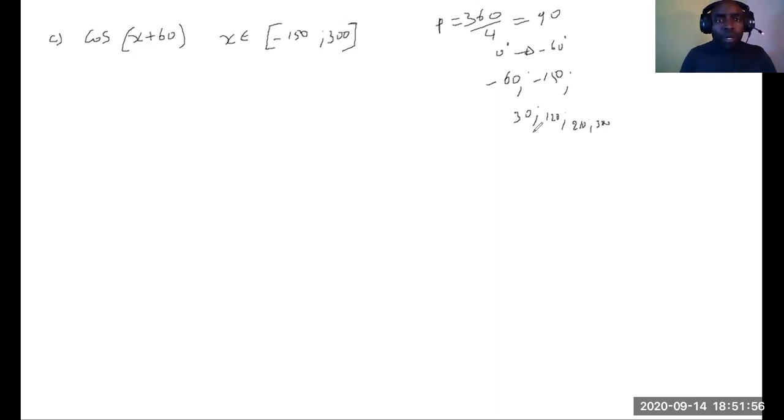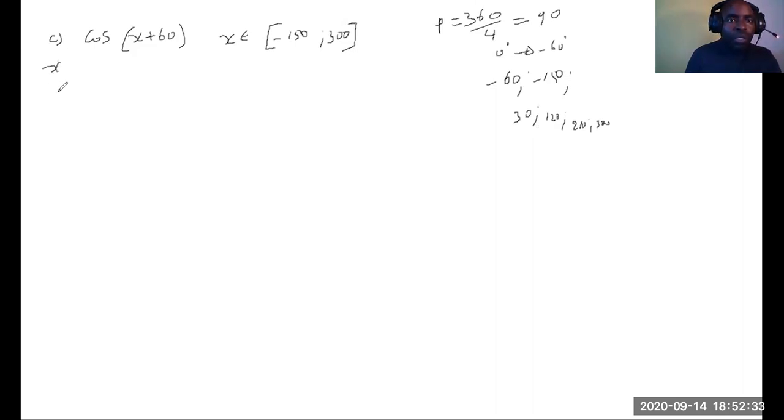So it is cos x plus 60. Yes, and then our starting point is minus 150. Our end point is 300, and our steps would be 90. Now here we have got our table.